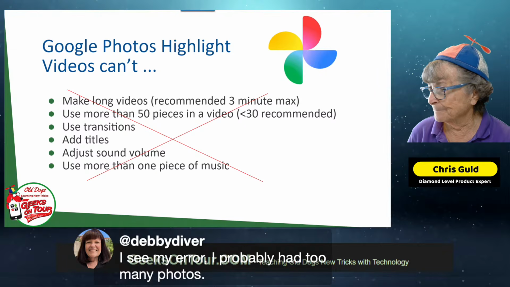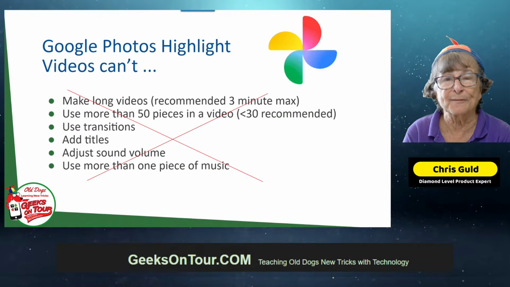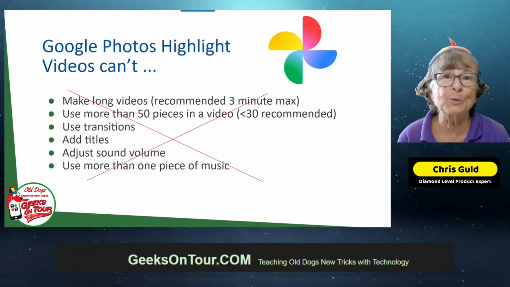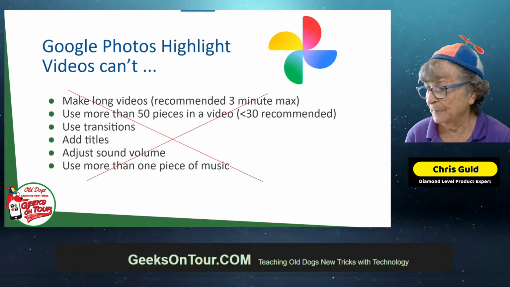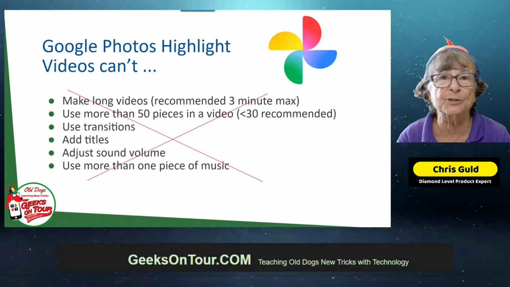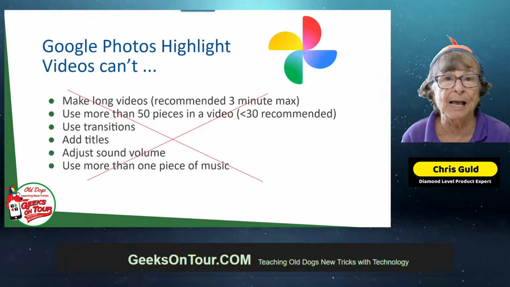It cannot make transitions. You might have noticed when it went from one photo to the next, it was just a cut. There's no transition capability, and there's no title capability. You also can't adjust the sound volume. You may have noticed the one place there where my face was on and you could tell I was talking.